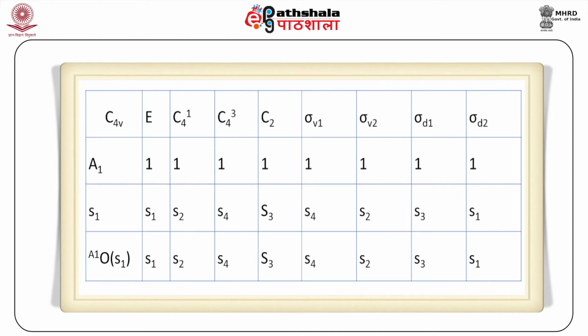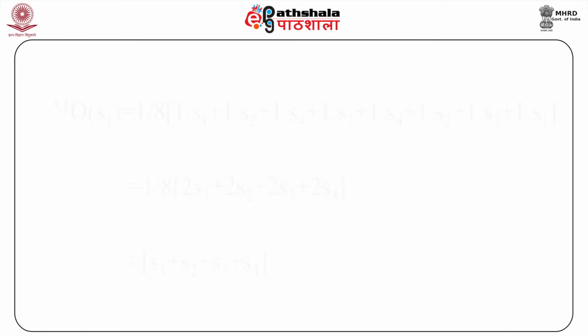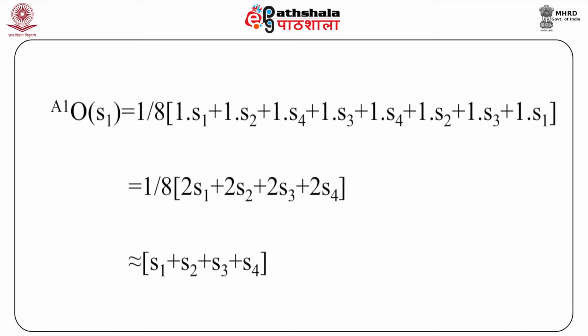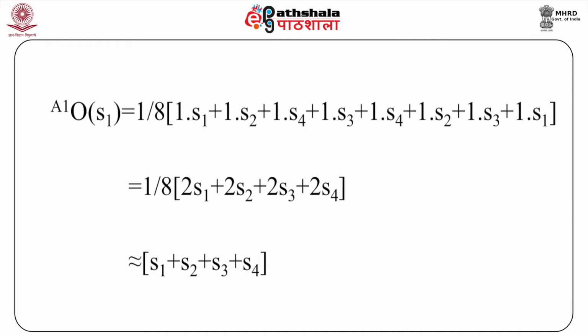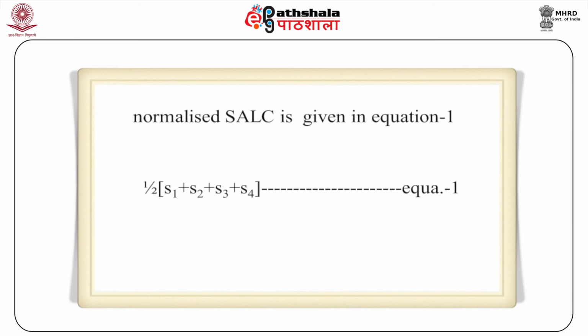After getting this result we now go for the projection operator and we will get the result as 1 upon 8 S1 plus S2 plus S4 plus S3 and so on, and the net result will be S1 plus S2 plus S3 plus S4. So, the normalized SALC is given in equation 1 as 1 upon 2 S1 plus S2 plus S3 plus S4.